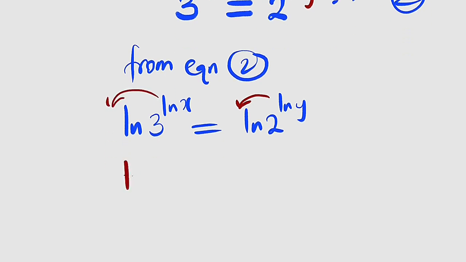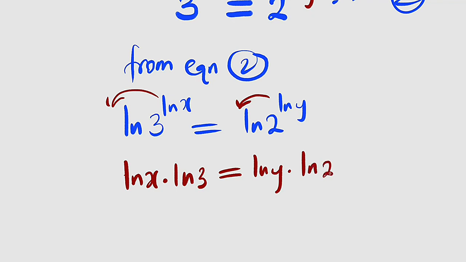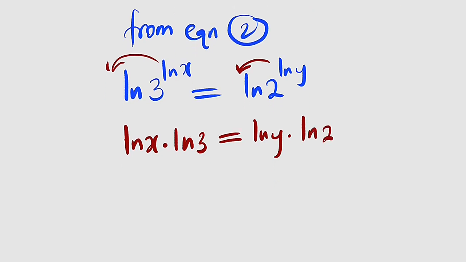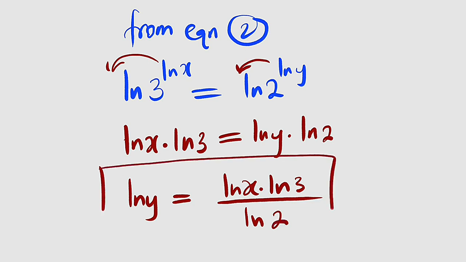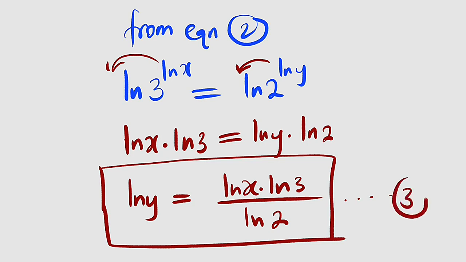So we have ln x multiplied by ln 3 on the left, equal to ln y multiplied by ln 2. Let us make ln y the subject by dividing both sides by ln 2. Therefore, ln y is equal to ln x multiplied by ln 3 divided by ln 2. This is an important equation. Let's call this equation number 3.